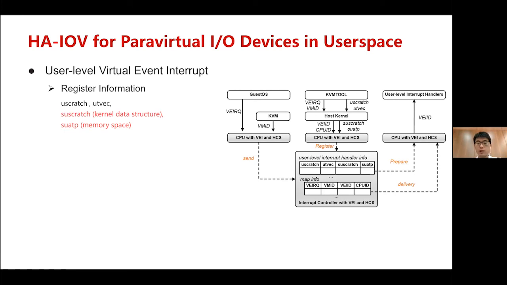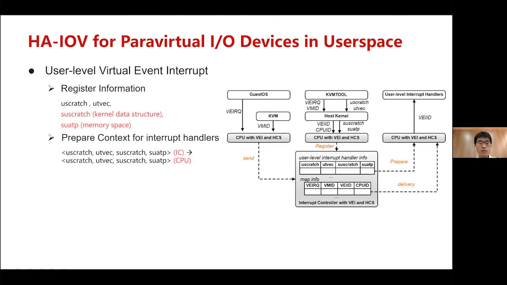UScratch saves the user-level data structure of the interrupt handler, while UTVec stores the entry address of the interrupt handler. To achieve faster responsiveness when handling user-level interrupts, registers SUScratch and SUATP are extended. The register SUScratch is for saving the kernel data structure of the user-level interrupt handler, while the SUATP is for saving the memory space of the user-level interrupt handler.